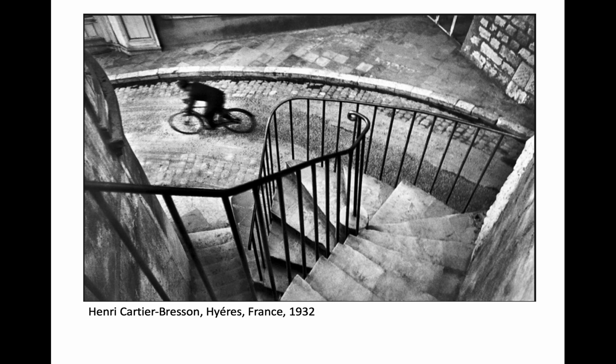We have movement. All right, how is the movement created? The movement is created by the pattern created by the staircase, right? So we see this pattern, and the pattern seems to lead our eyes in this kind of spiral shape, right? So we have that. Then, of course, we have lines, right?